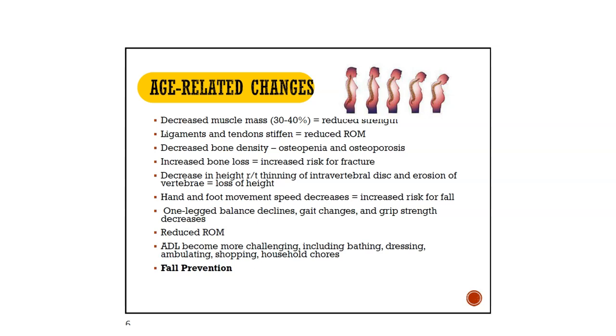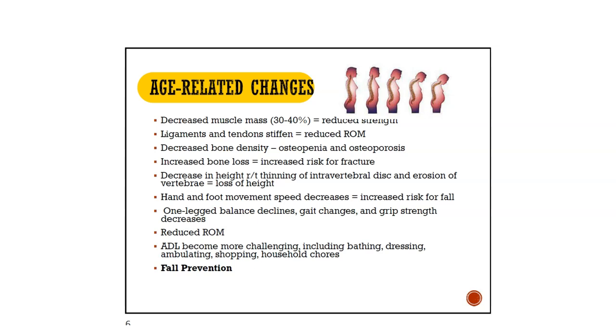In addition, hand and foot movement speed will decrease, which factors into our risk for falls. When it's harder for us to move, we have a higher likelihood of falling or injuring ourselves. One-legged balance also declines.